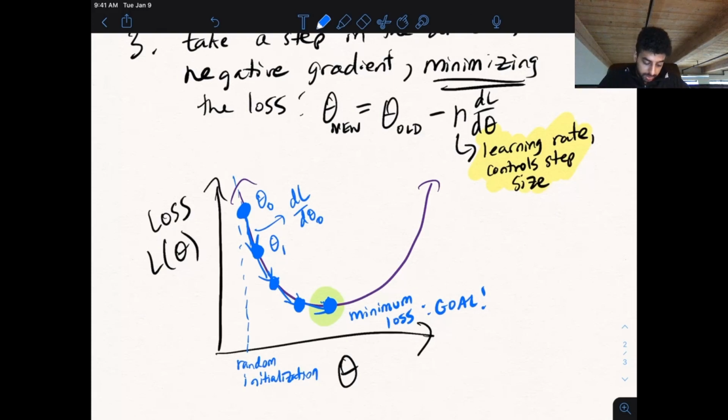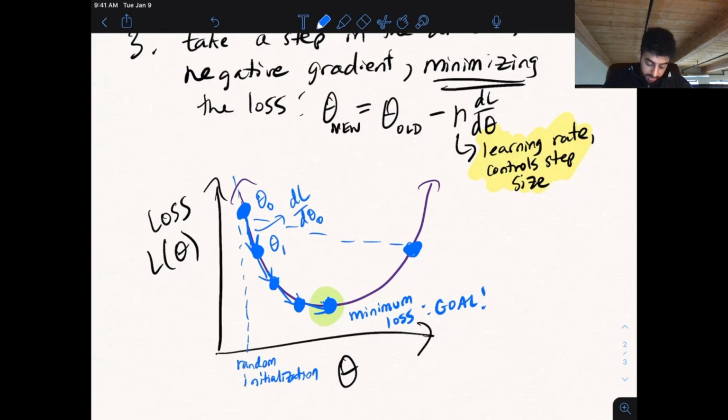So as an example of what happens if I have a big learning rate, imagine that if I had a huge learning rate and I started back at this point, the randomly initialized point, I do run into the danger of completely overshooting the minimum and ending up on the other side here. And that's obviously not good.